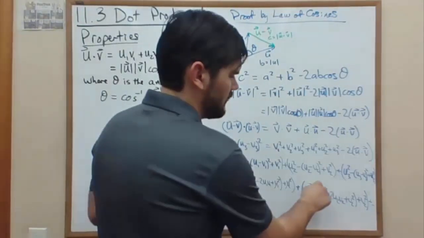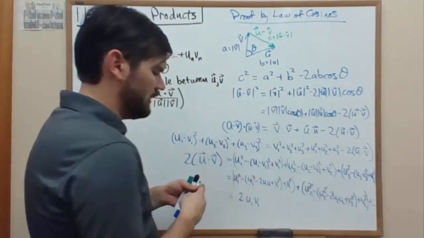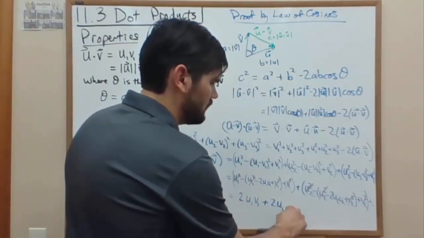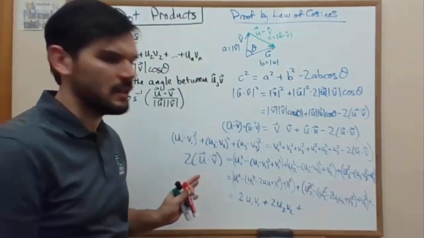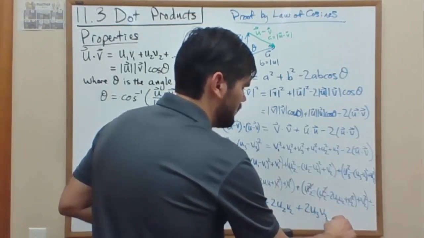This will cancel out the u2 squareds and the v2 squared, because that's been subtracted, and we're left with a plus 2 u2 v2. And then the last piece will be the same way, just it's a 2 u3 v3.